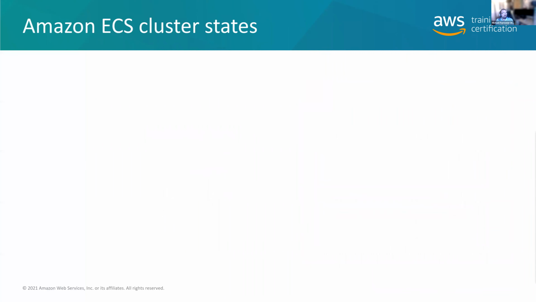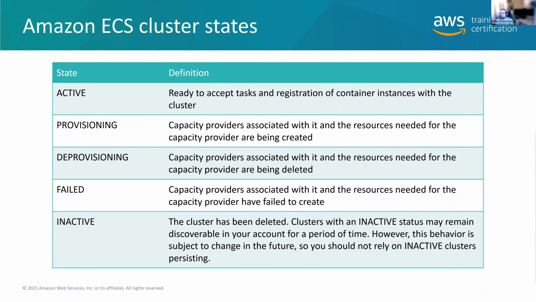Now, an ECS cluster comes in certain states. It's either active, or provisioning, which is usually the first state it's in, where it's standing itself up. Then it gets into active. If you then shut it down, it's going to delete it. And once it's been deprovisioned, it goes into an inactive state, which means that it's deleted.